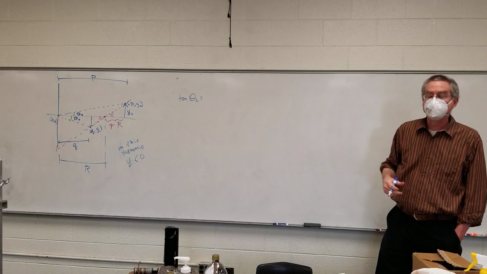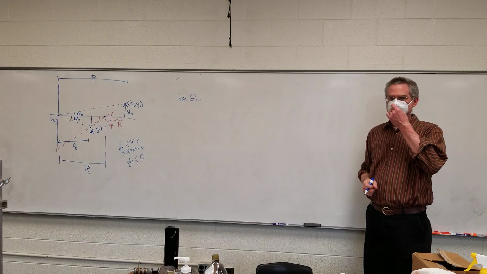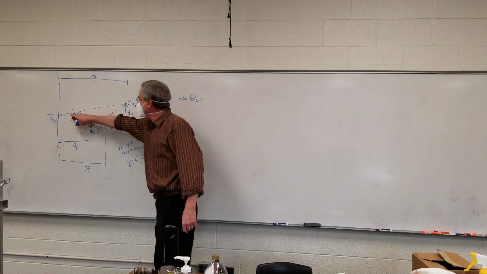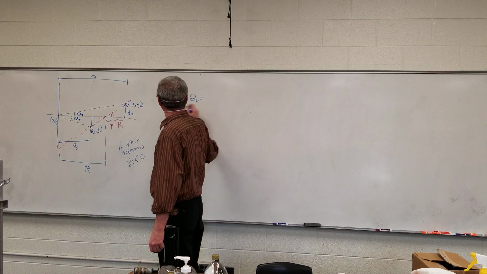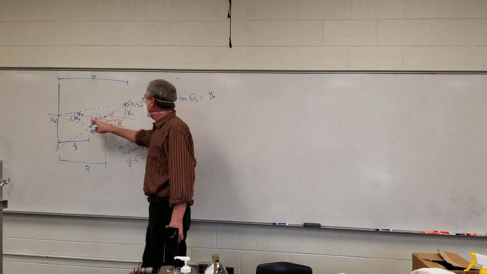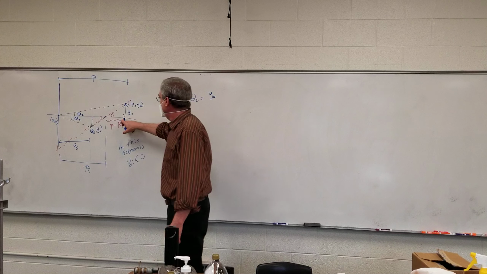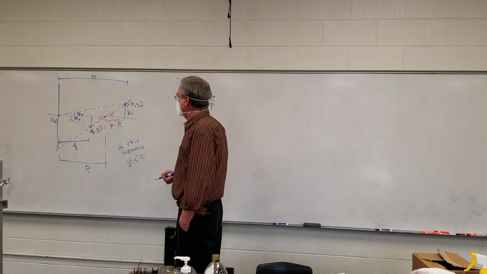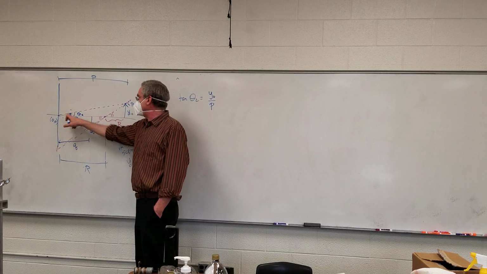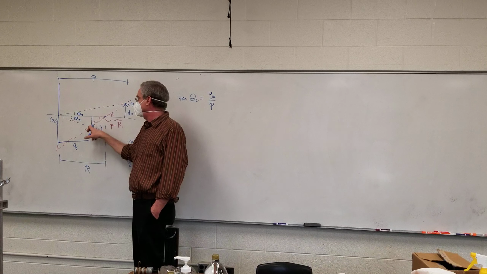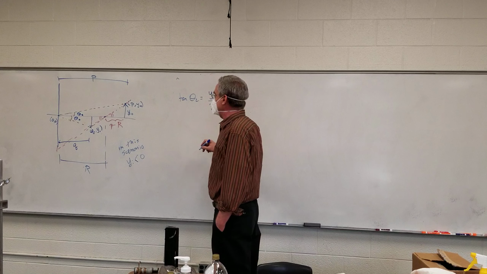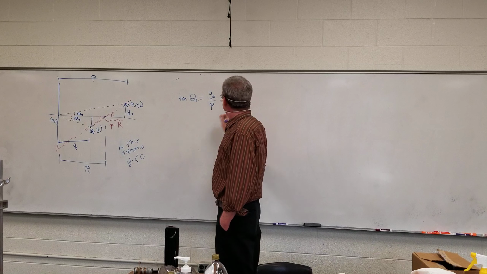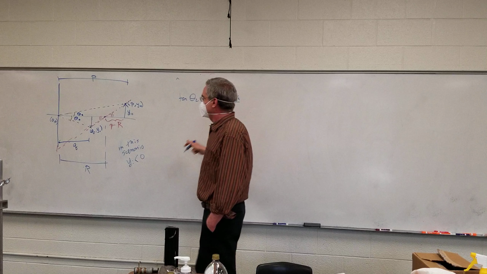What is tangent? Opposite over adjacent. Yep. So if I'm looking at this top right triangle here, my opposite side is y sub O, and my adjacent side is just P. If I look at the smaller triangle, which has theta 2 in it, my opposite side is negative y sub I, divided by Q.